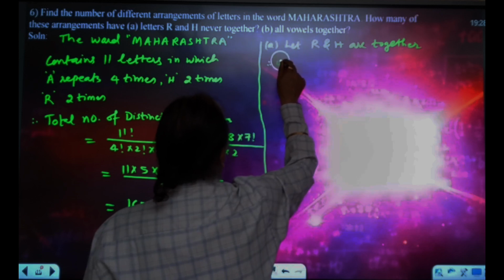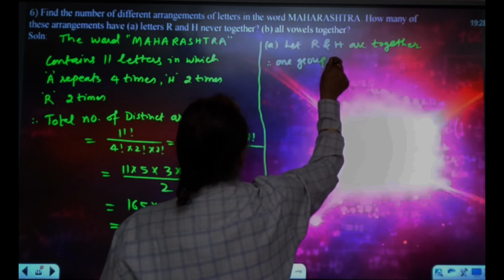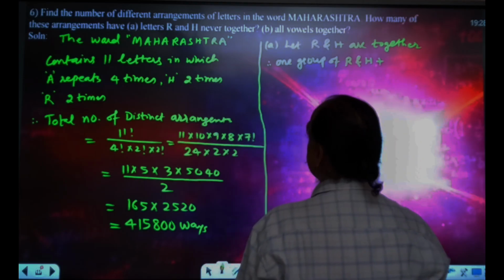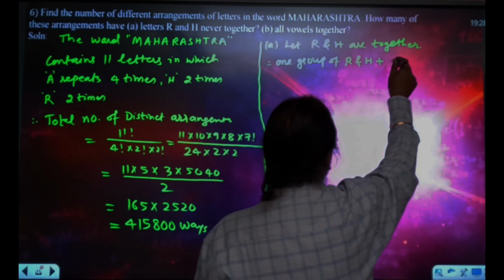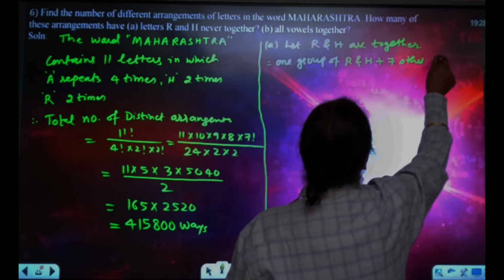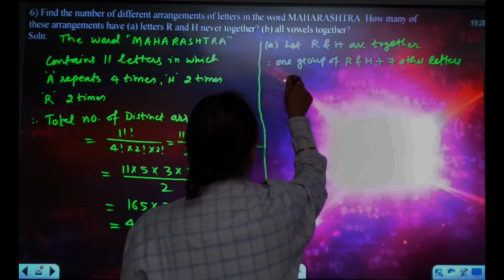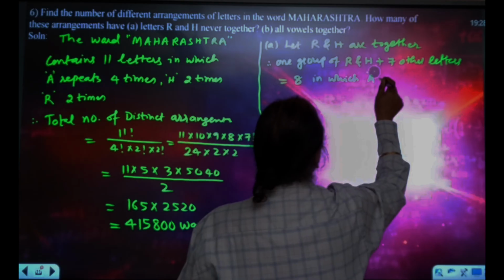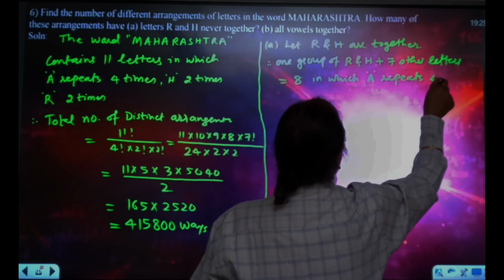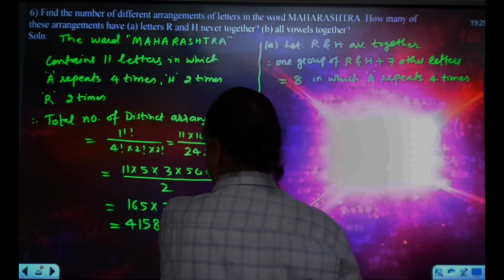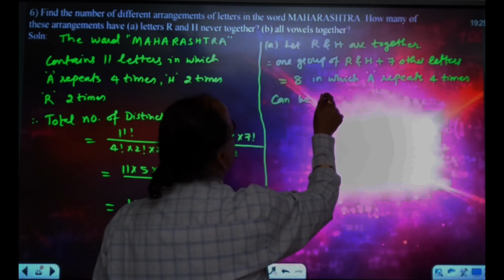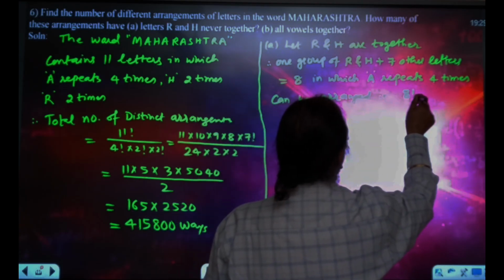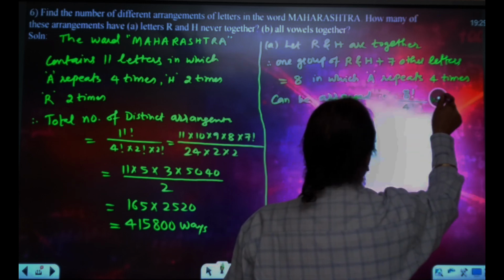Therefore, one group of R and H plus 7 other letters is equal to 8 units, in which A repeats 4 times, and they can be arranged in 8 factorial upon 4 factorial ways.